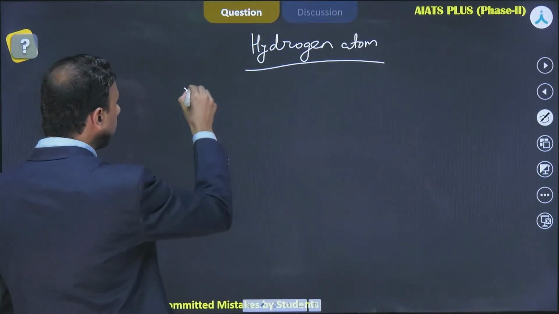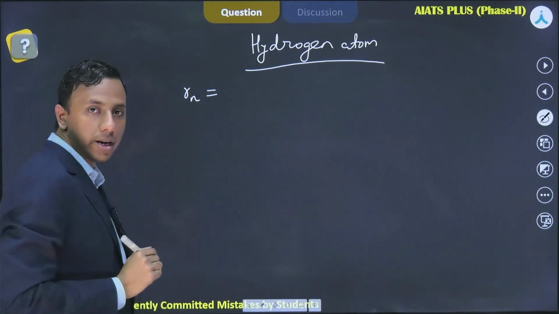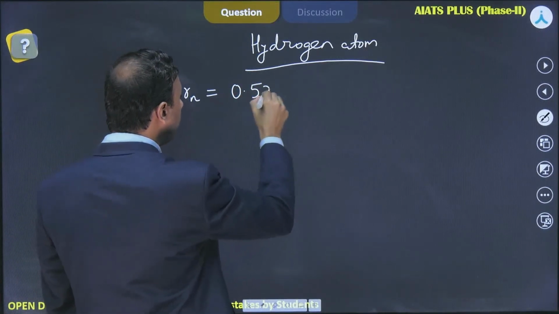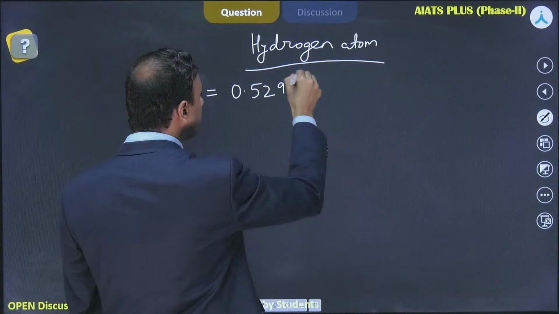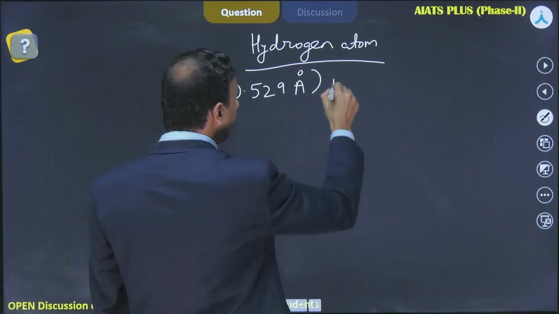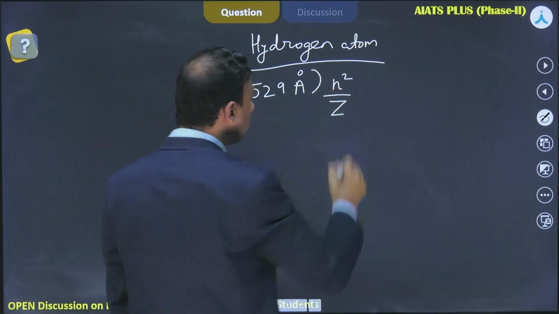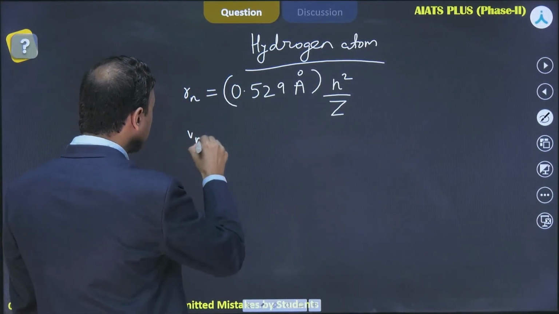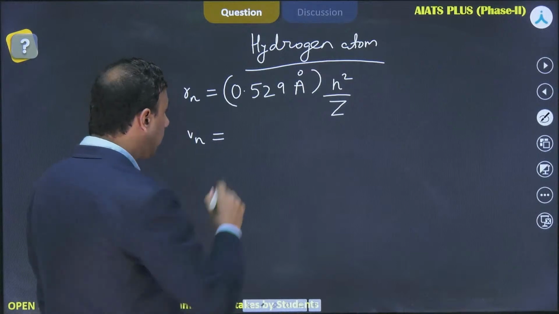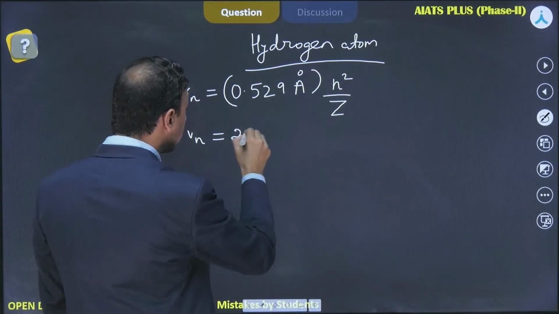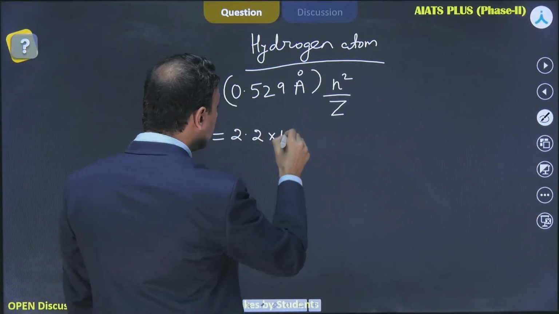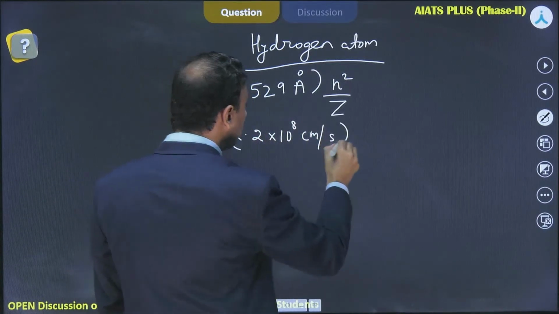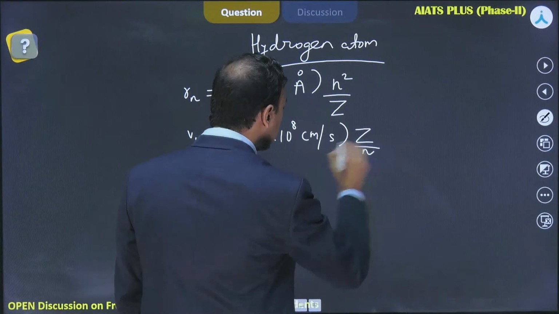So for nth orbit, the radius is nothing but 0.529 angstrom, right, n square by z. This is the radius, right? And what about the velocity? The velocity is 2.2 into 10 to the power 8 centimeter per second into z by n.